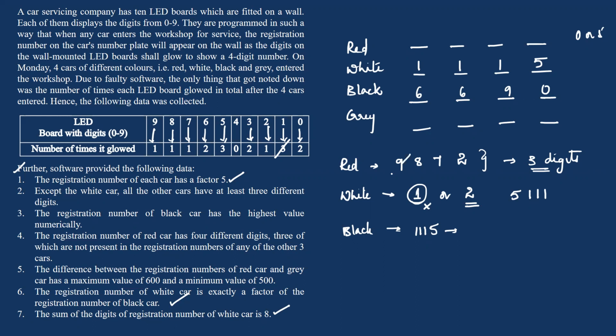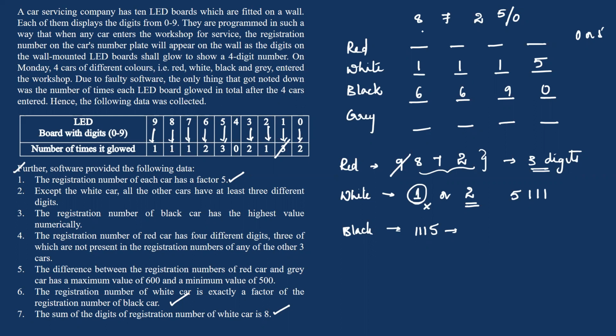Okay, so 9 was already used in black car, so the remaining digits in the red car will be 872. So this should have 8, 7, and 2. So the fourth digit can be either 5 or 0. Clear? Either 5 or 0.